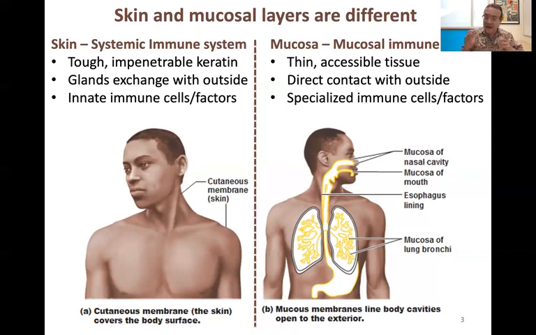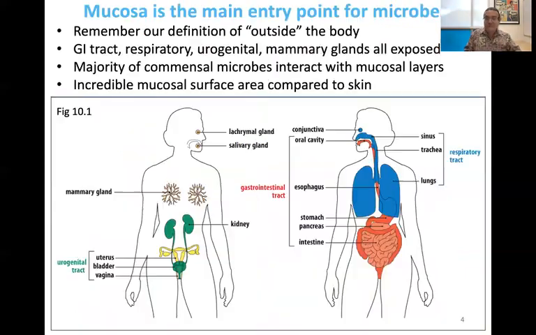Therefore, that poses a whole set of new problems, because we're talking about membranes that form the boundary between inside of our body and outside of our body, that by design have to be very thin, very delicate, and therefore much easier for things like microbes to cross. So mucosa is the main entry point for many microbes.